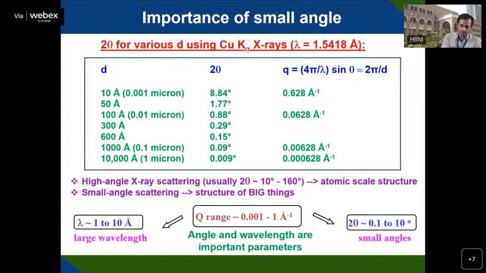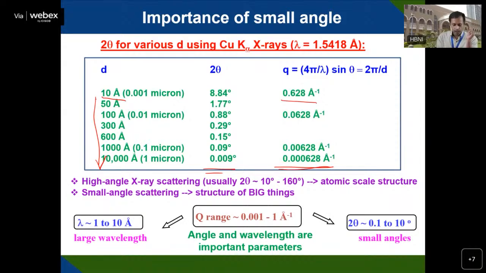If you see this copper K alpha that we have shown here, in the d and 2 theta relation, when d is 10 angstrom, that means Q equals 0.628 angstrom inverse. When you increase d from 0.001 micron to 1 micron, you can see how theta is decreasing and the corresponding Q is very low.